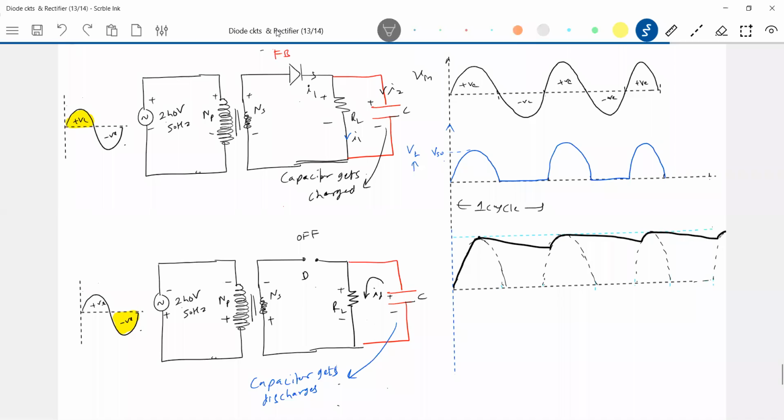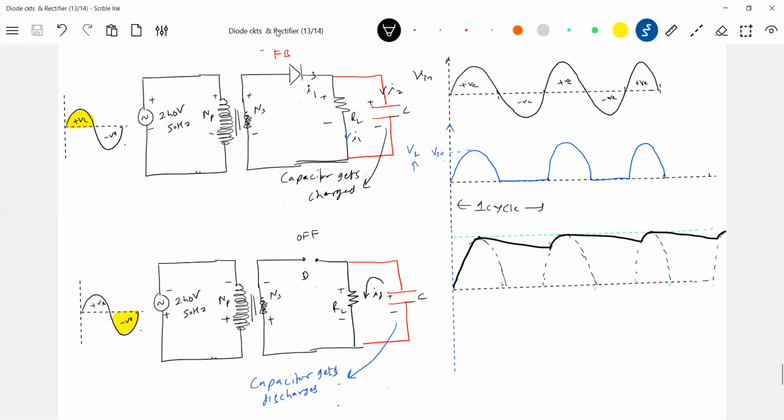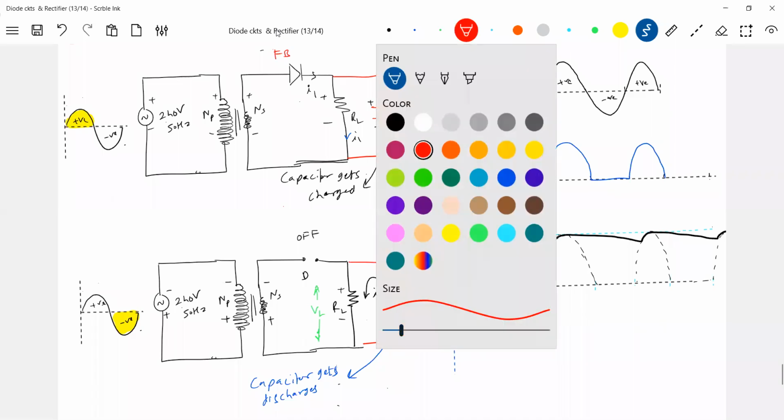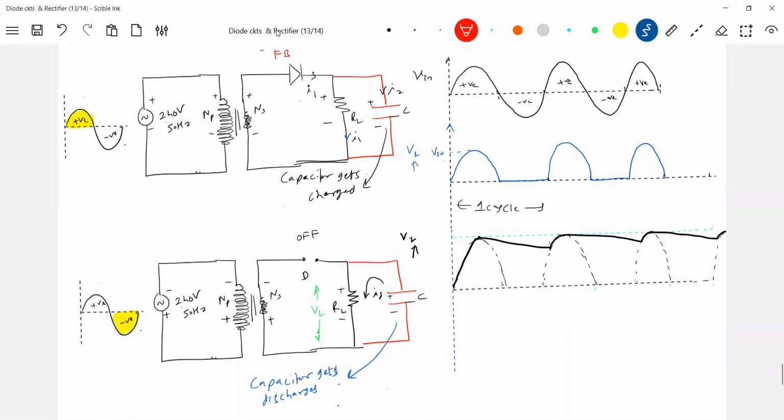What was our goal? Some horizontal line was our goal, no? So this is now the output. The output VL, what we are expecting, will be of this kind. So what is this? This phase is the charging phase. You can write it. This part is charging.